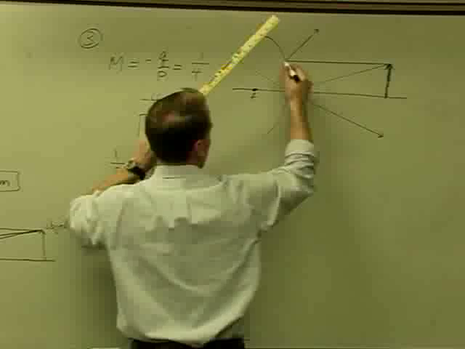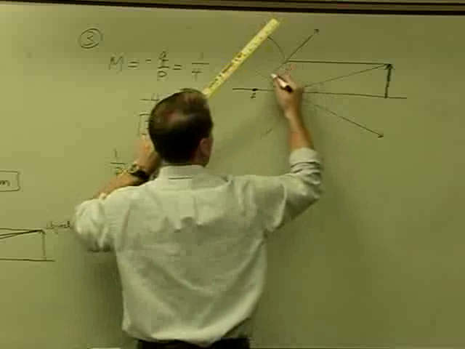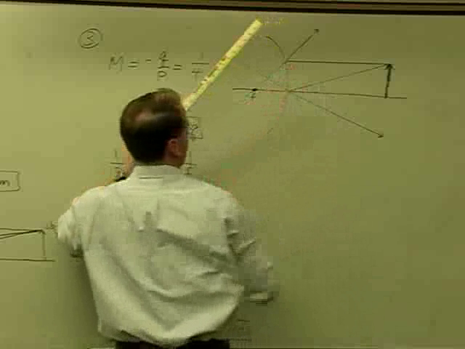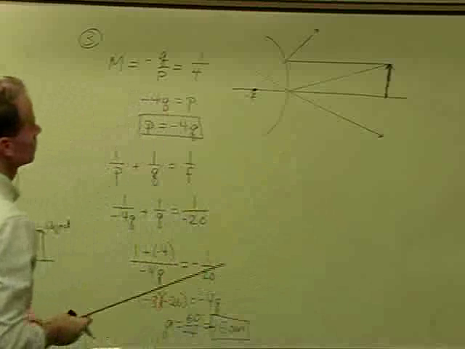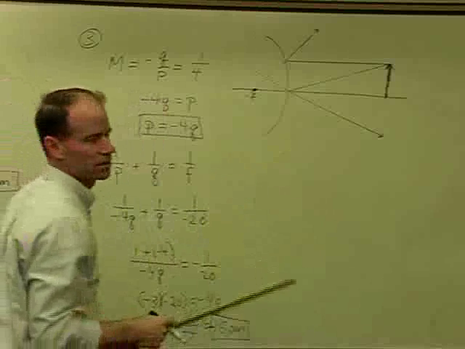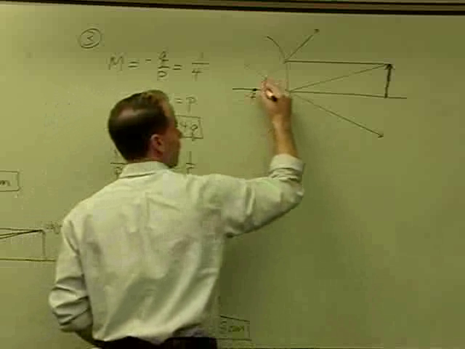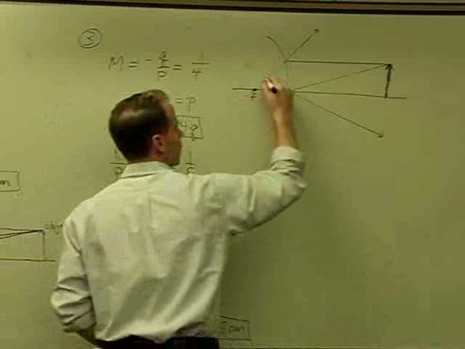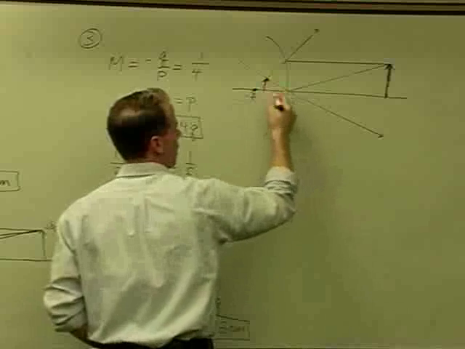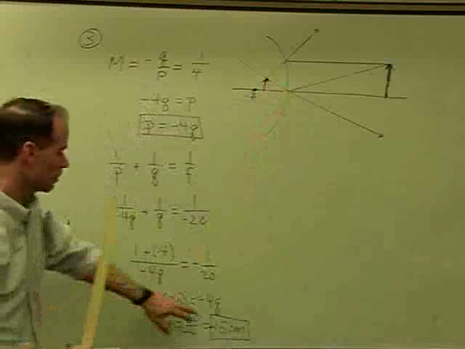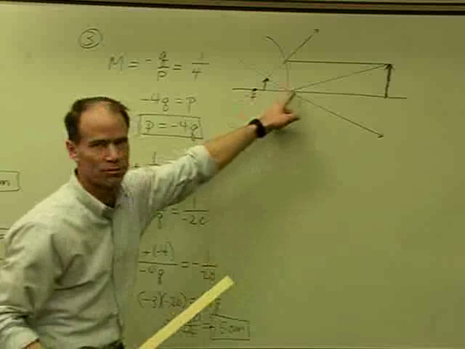So it actually would appear to come in from the direction of the focal point, and that actually is good enough. That's all we really need. So right there is our image, and that would be about 15 centimeters away from the front of the mirror.